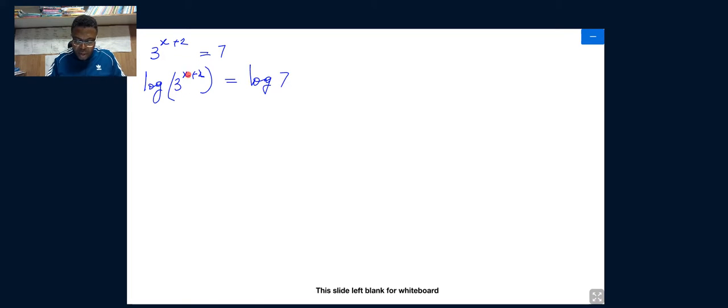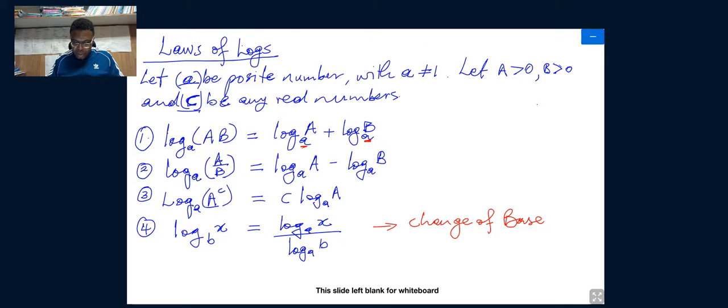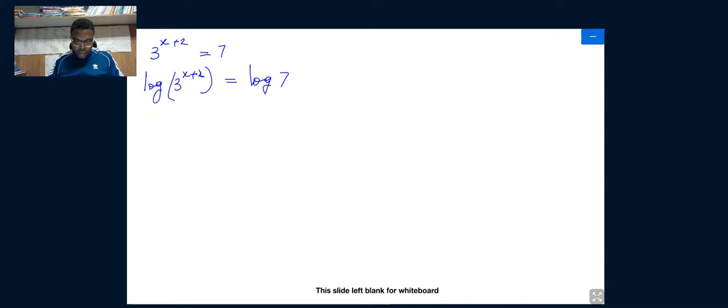Remember law number 3. You take the exponent, you multiply it to the log. Let us do that.